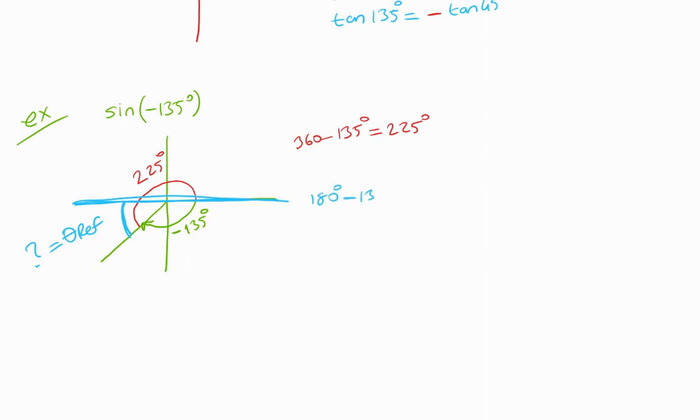So minus 135, it's equal to 45 degrees. So I can say this is equal to sine 45, but we are in the third quadrant, and the third quadrant has minus minus. So this is the sign for sine. So I have negative sine 45. Okay.